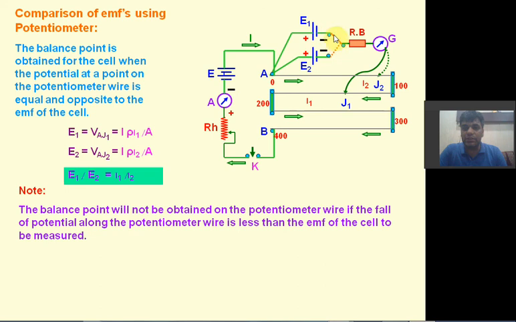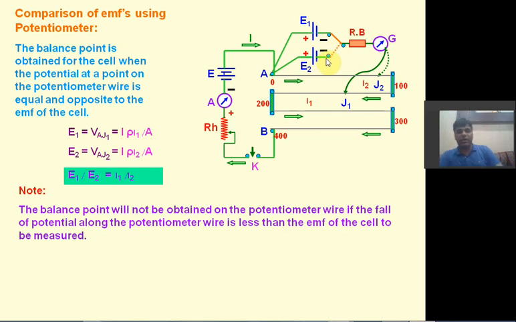Now we switch this circuit to this side, and we connect to this point, and this point has been removed. At this time E2 is connected, and E1 is not connected because we have connected this dashed circuit.